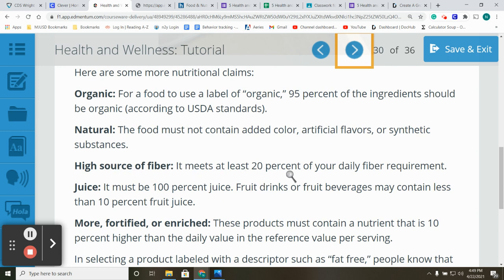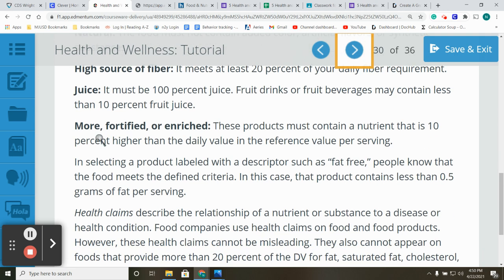It meets at least 20% of your daily fiber requirement. Juice. It must be 100% juice. Fruit drinks or fruit beverages may contain less than 10% fruit juice. So to call it juice, it has to be 100% juice. But if it says it's an apple fruit drink or a fruit beverage, then it can be less.